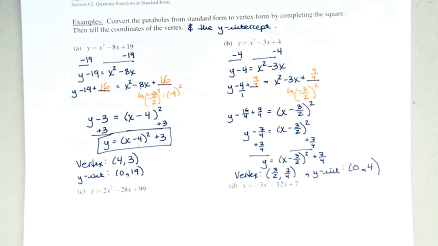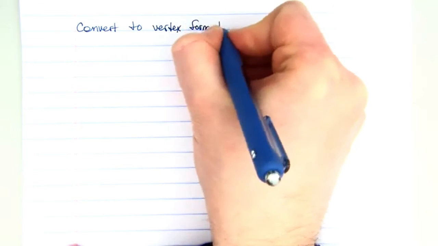Before we do C and D, I want you to try 2 of these problems on your own right now. Just take out a blank piece of paper. In each of these problems, I would like you to convert to vertex form by completing the square.